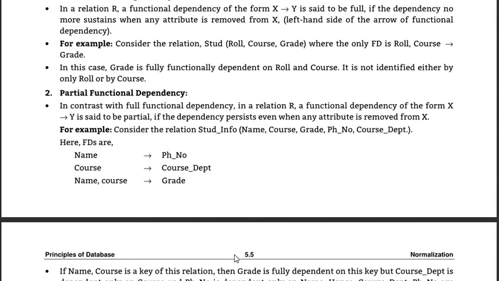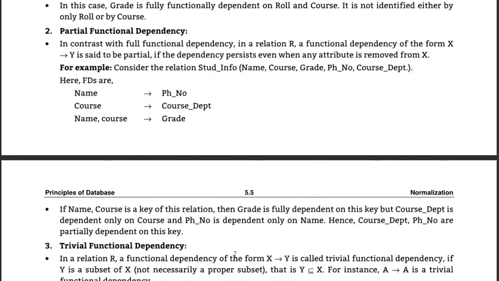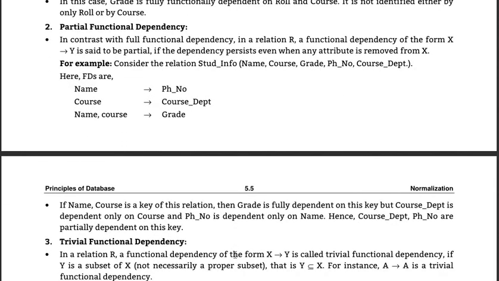Now the second type is partial functional dependency. What is partial functional dependency? It is exactly opposite to full functional dependency. Partial, as its name suggests, means a small amount.